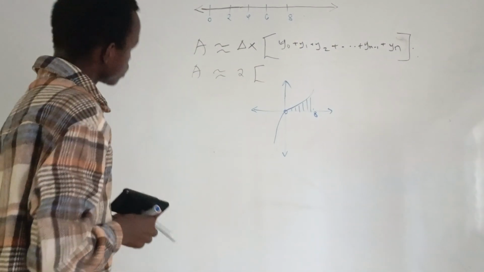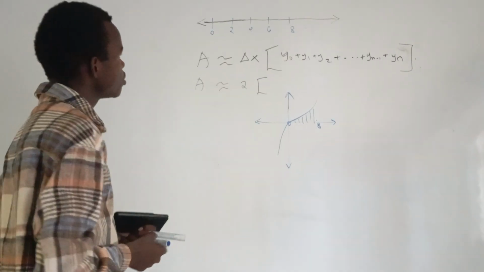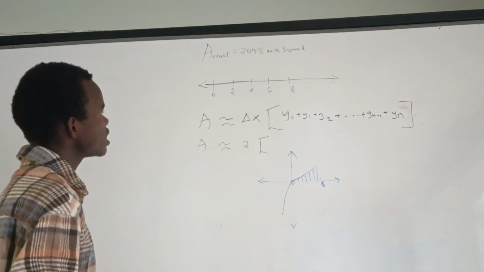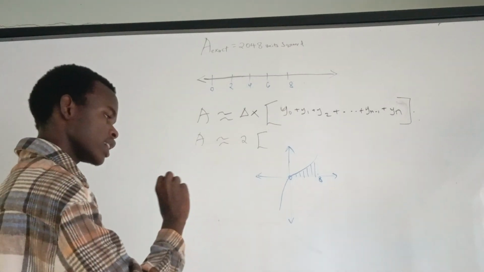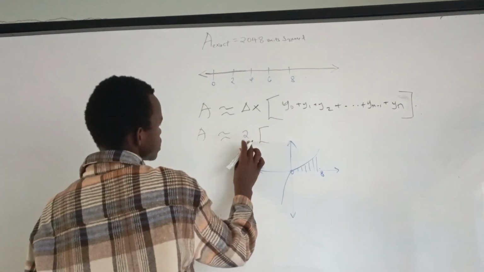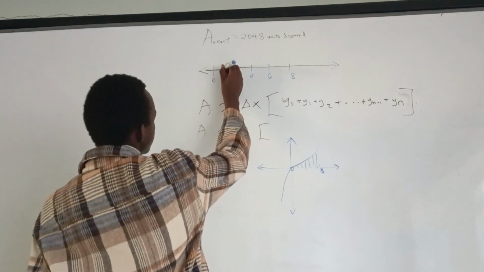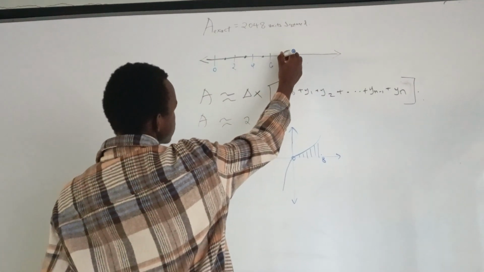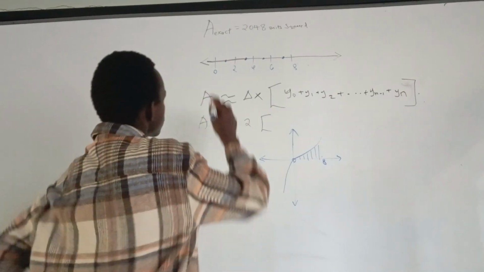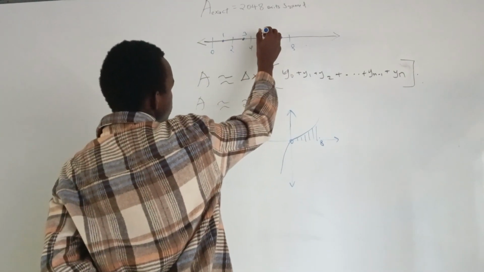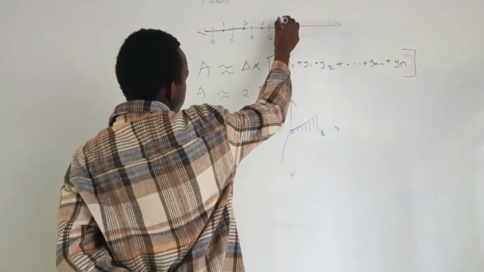When computing the midpoint, we consider the middle of each interval. Delta x is equal to 2, so the midpoints will be 1, 3, 5, and 7.